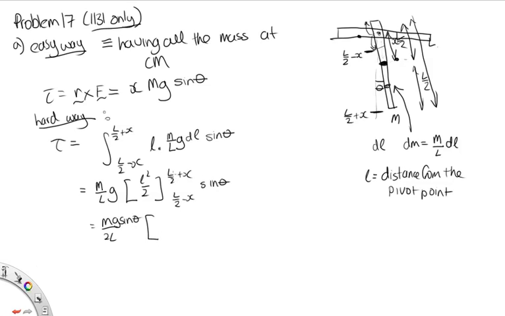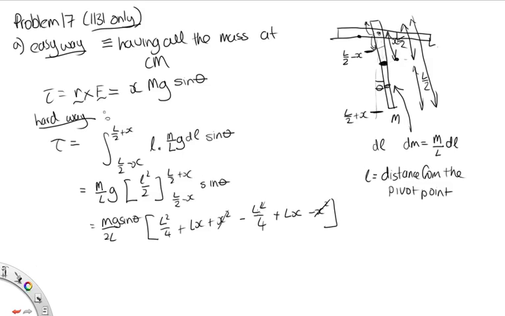And now putting this into here, we've got L on 2 plus X all squared, so that's L squared on 4 plus LX plus X squared, and then we have to subtract off this, so that's minus L squared on 4. And then minus minus, so that's plus LX, and then minus X squared, that's minus X squared.